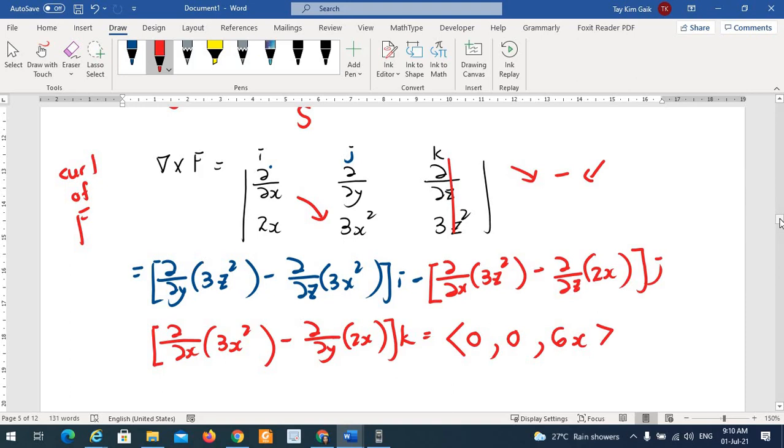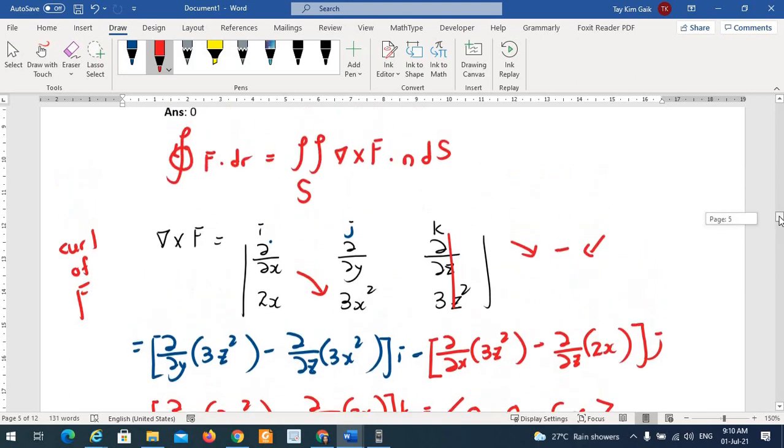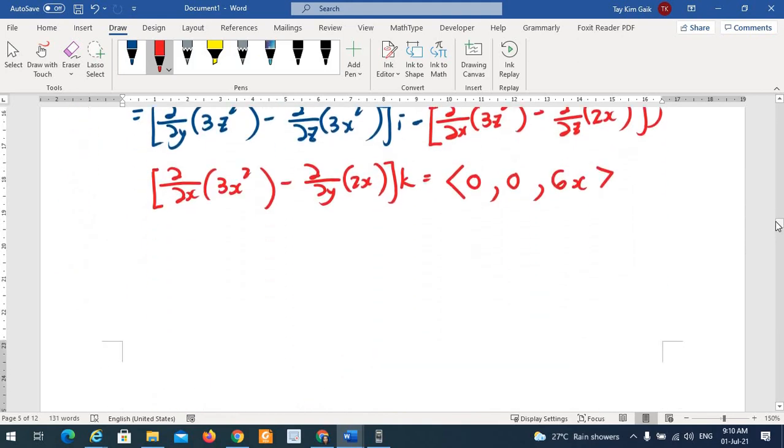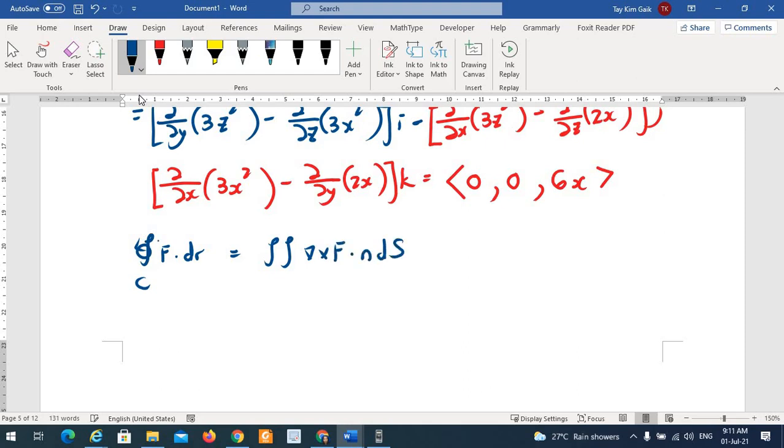Okay, the Gauss theorem is called divergence of F. So you have found your curl of F already. Now, using Stokes' theorem, the line integral of F dot dr becomes the double integral of curl F dot n dS across surface S. Okay, and the curl of F that you obtained is 0i, 0j, 6x k, dot n.